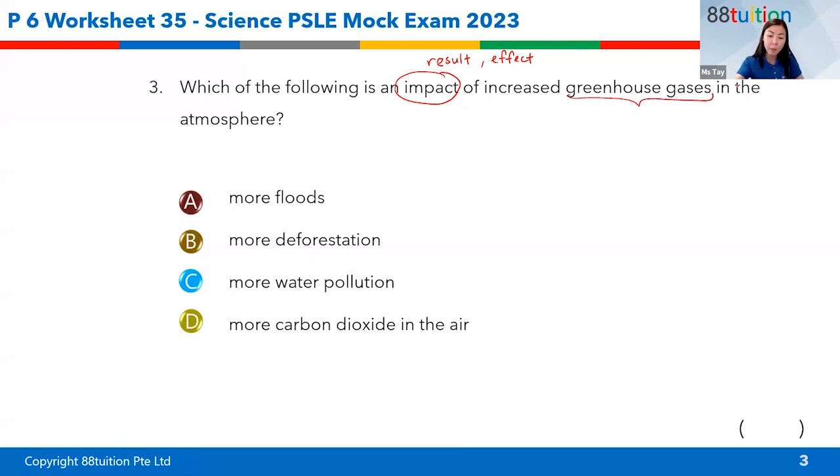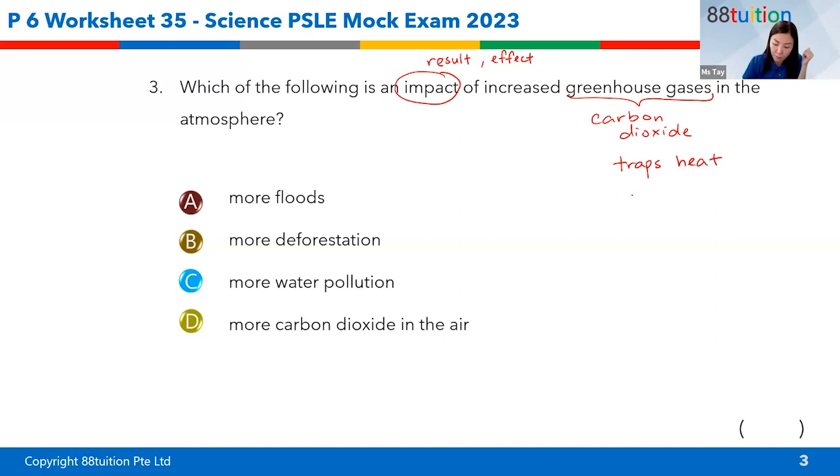Do you know an example of a greenhouse gas? Okay, carbon dioxide. What does carbon dioxide do? What do you think greenhouse gases actually do? Okay, so it traps heat. So when it traps heat, what happens? When it traps heat around, what happens? It gets hotter. How do you feel when your environment has a lot of heat trapped inside? We will be feeling hot.